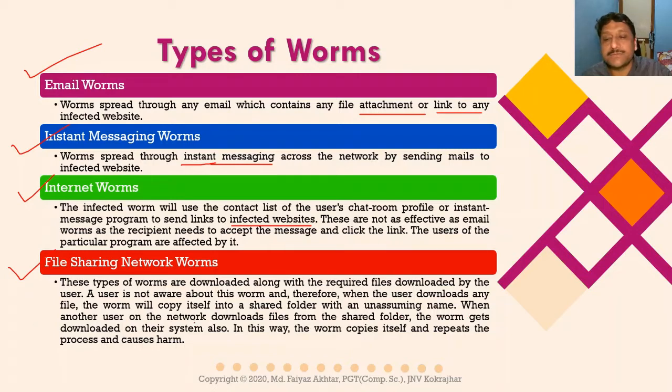When another user on the network downloads the same file from the shared folder, the worm gets downloaded on their system also. In this way, the worm copies itself, repeats the process and causes harm. So be careful of these types of worms.